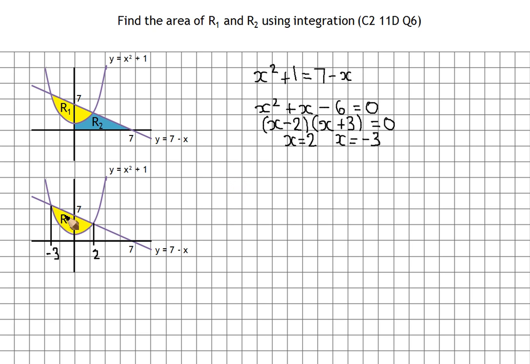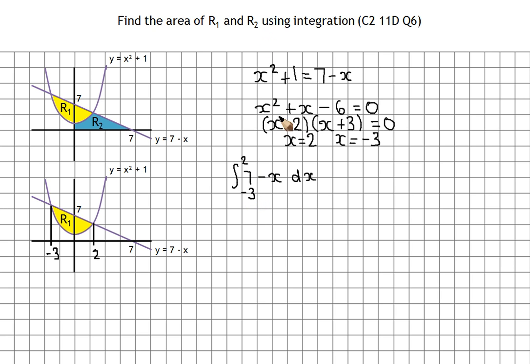Now to find R1, it's not a simple case of just integrating one of these two. We've got to have a look at how it's been made up. So first of all, let's look at what happens when you integrate y equals 7 minus x between those two limits. It's going to be the integral of 7 minus x with respect to x between 2 and minus 3.